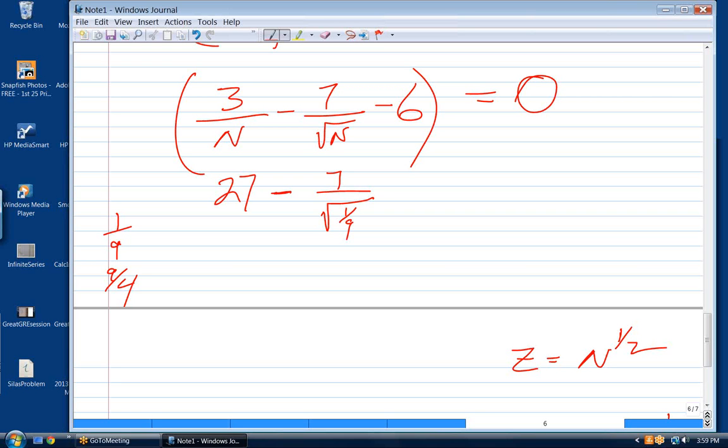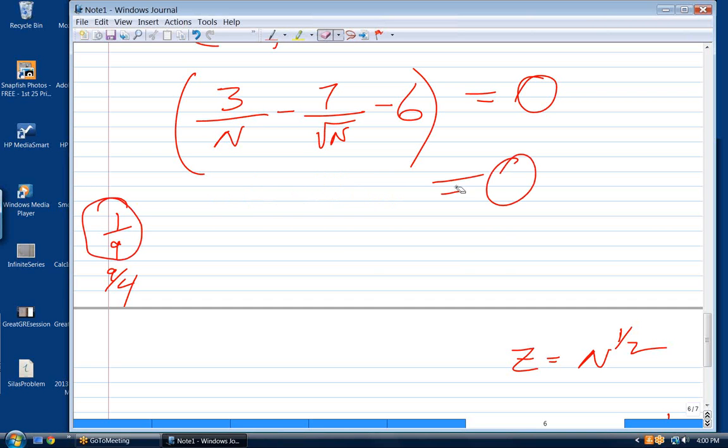But you take the square root of 1/4, it's 1/2. So what's the square root of 1/9? 1/3. And what's 7 divided by 1/3? Well, 21. So that works. So this solution works.